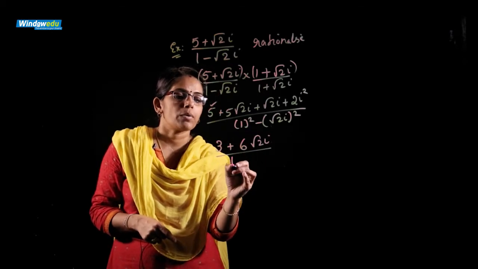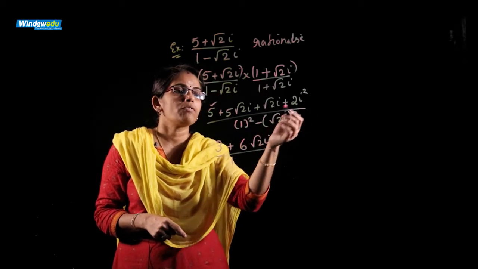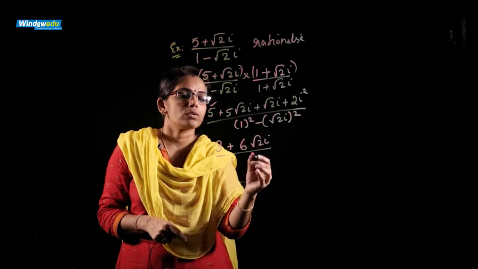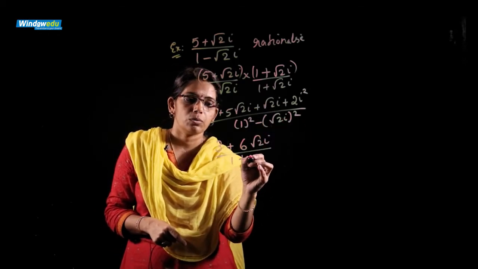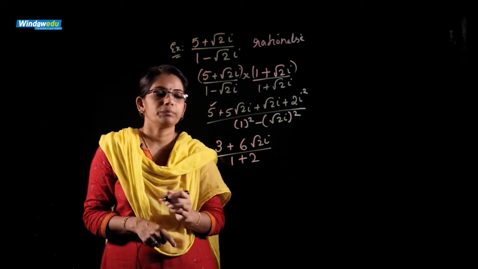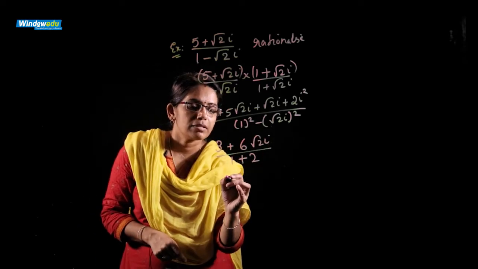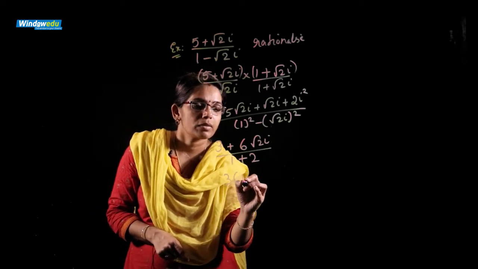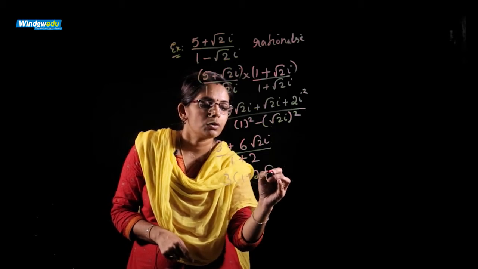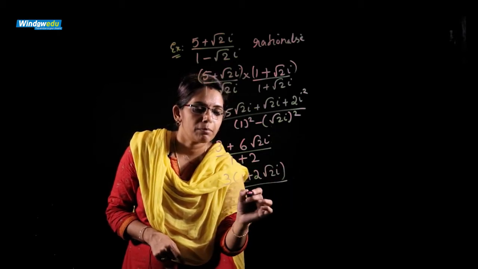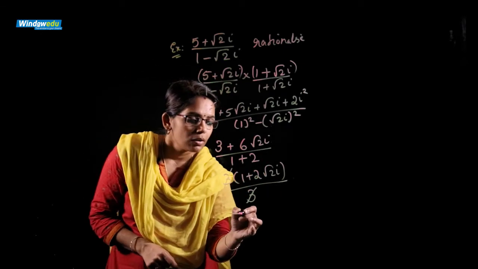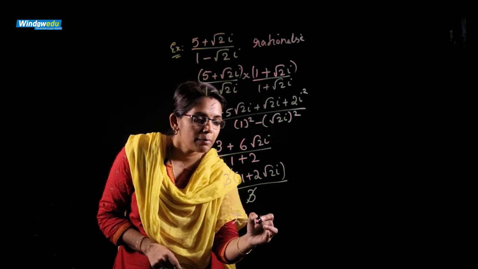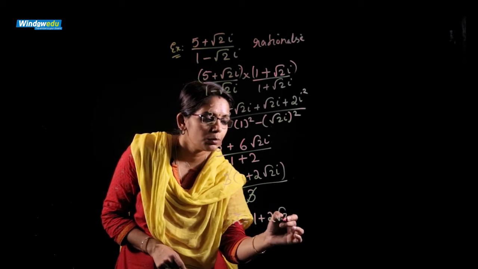Divided by 1 square is 1 minus square root of 2 square means 2 i square, that is i square, negative 1, negative will be positive. Okay. So, simplifying this, we will take 3 common, 1 plus 2 root 2i divided by 3. This gets cancelled. So, here we will get 1 plus 2 root 2i.